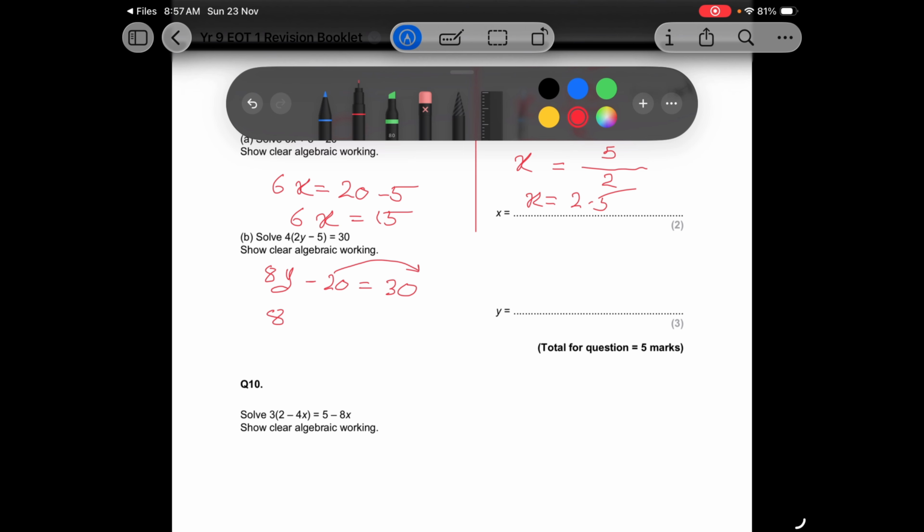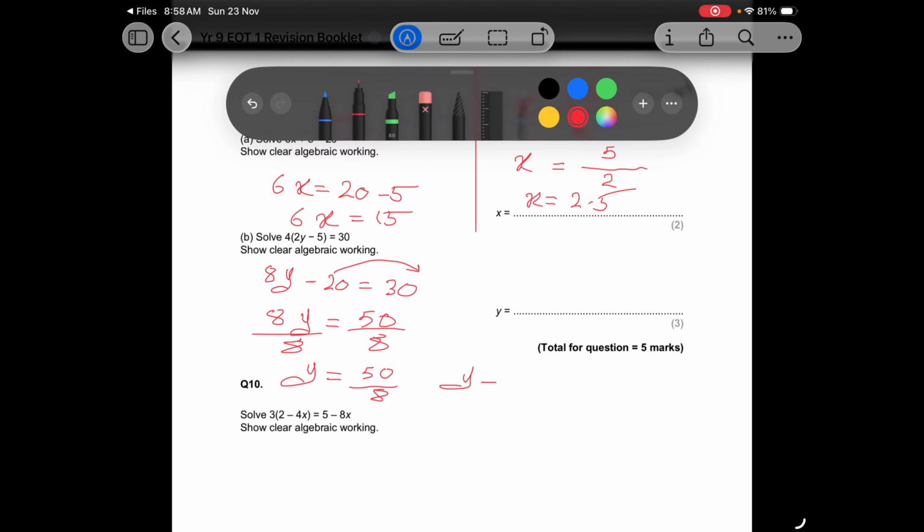So 8y will be 50, because 30 plus 20, then you can immediately divide both sides by 8, then y will be 50 divided by 8, or you can simplify 50 over 8. You can simplify this, of course.